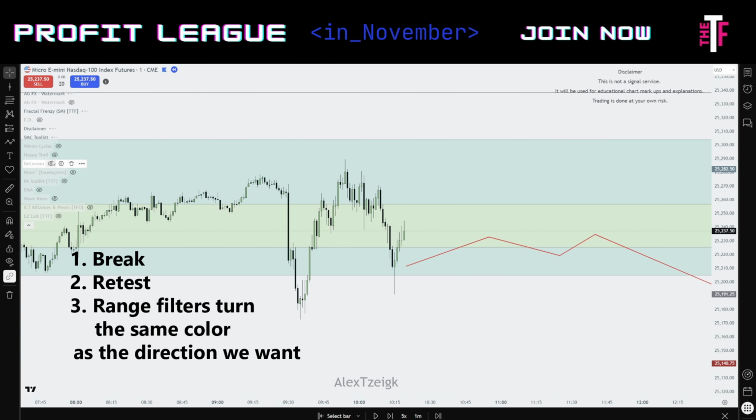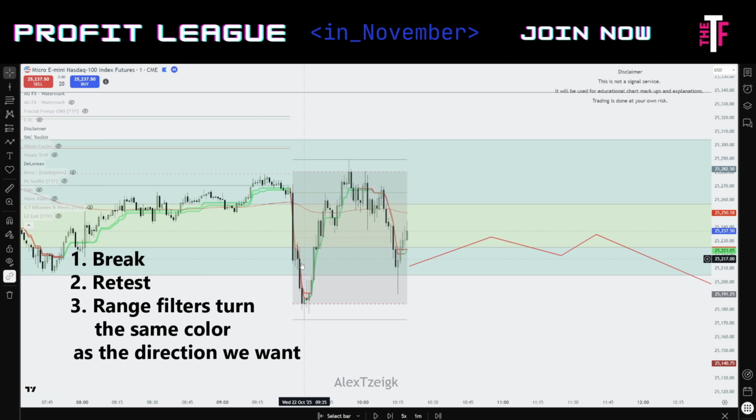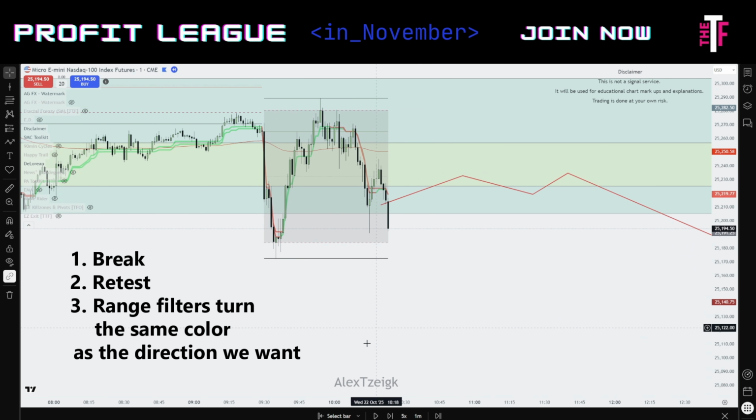Let's go down to the 1 minute. I'm now, as I said, going to wait for DeLorean to change its range filters. You see, price came back, returned. Now I want to see, as I see, again, the two range filters as we see over here to turn red, break, retest.